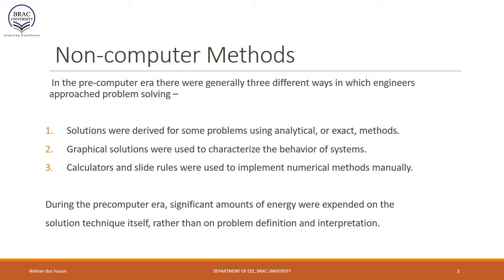That's the problem of graphical solutions. Graphical solutions have a limitation. Next, engineers also used calculators and slide rules, and those were very primitive actually. So these were the methods that engineers or scientists usually used before the computers evolved so drastically.